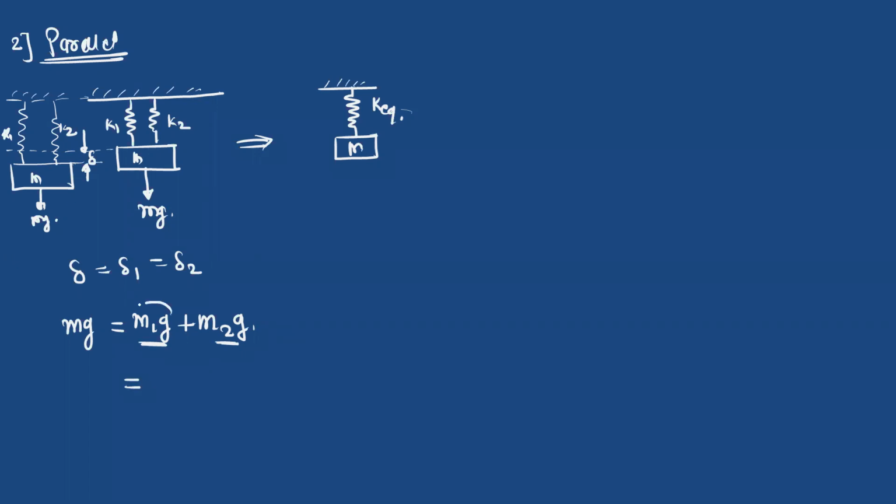So we can write this force as F1, and this force as F2. F1 is equal to K1 into delta 1, F2 is equal to K2 into delta 2, and delta 1 is equal to delta 2.